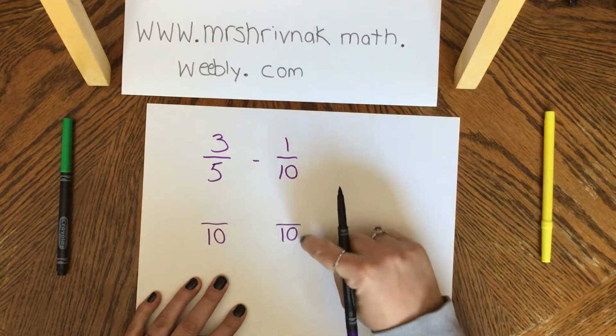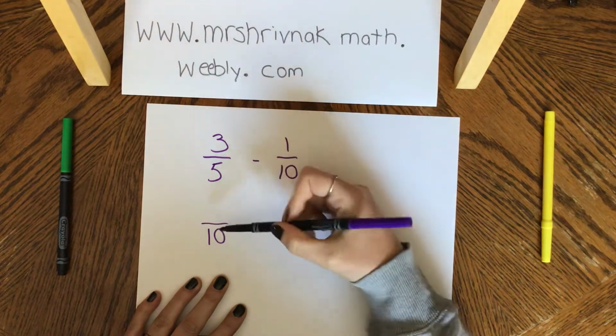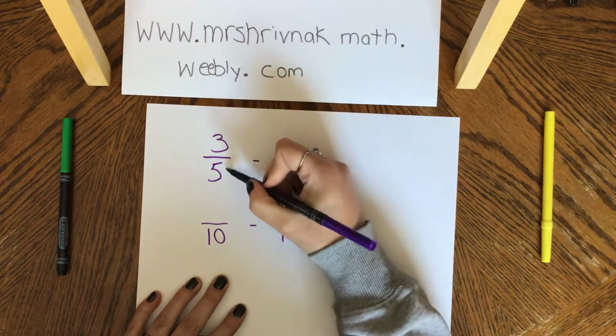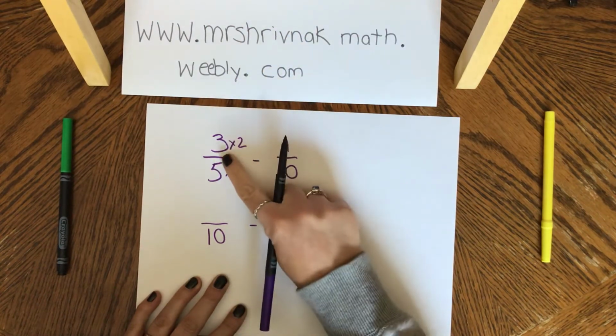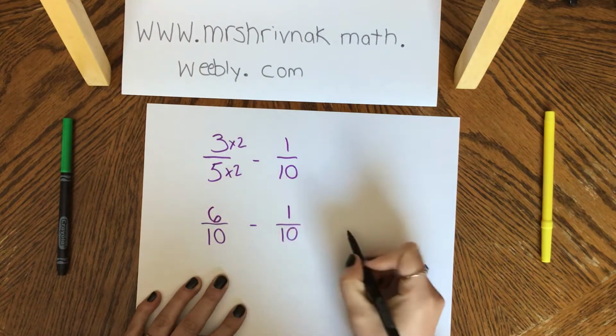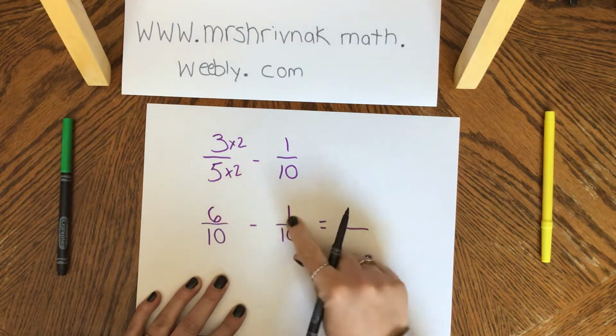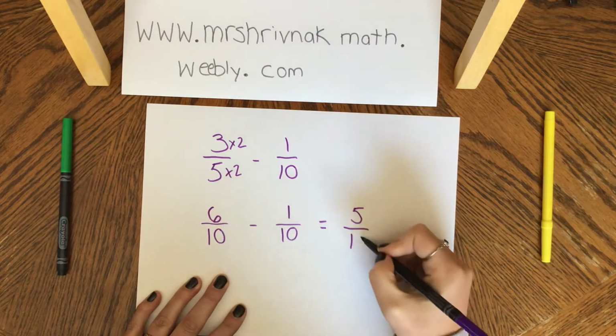I'm not changing this one, so I can keep that numerator. However, I did change this one. 5 became 10 by multiplying by 2. So I have to do that to the numerator. 3 times 2 is 6. If I subtract across the top, I get 6 take away 1 is 5, and I keep my denominator.